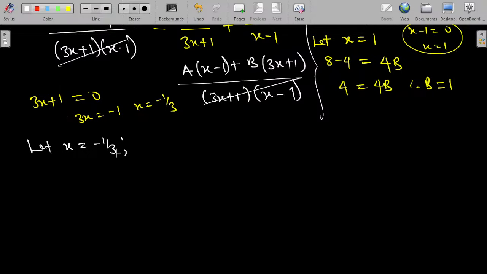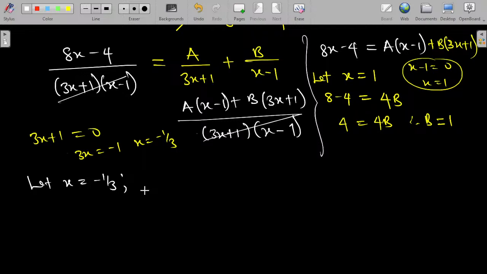So quickly let's go. Let me bring this down a little. So we are substituting here. We are going to have 8 into minus 1 over 3, and that is minus 8 over 3, then minus 4, is equal to, on the right hand side you would have a into minus 1 over 3 minus 1. Then if you put minus 1 over 3 here, it will turn to 0, so no need writing it.